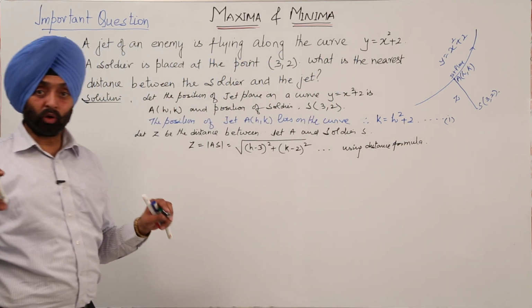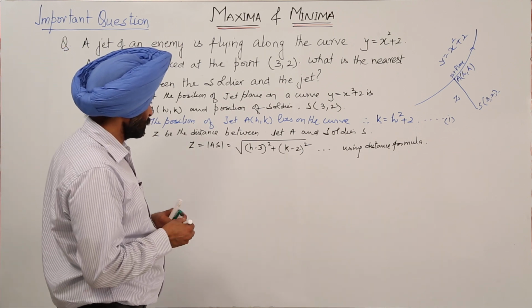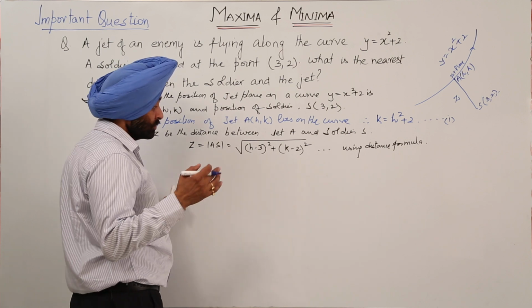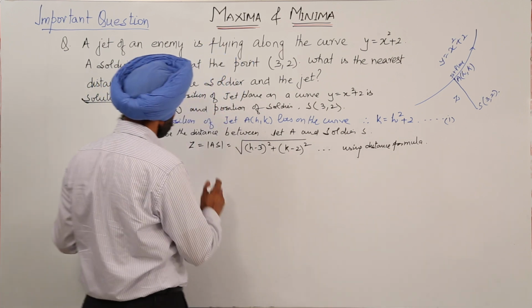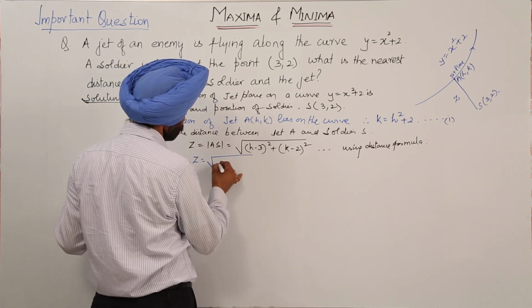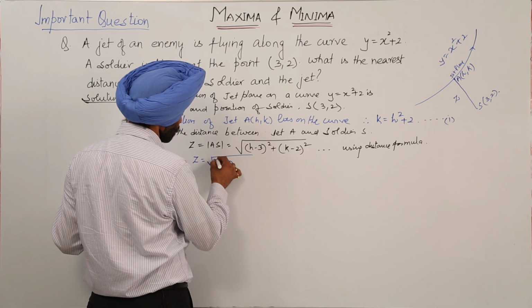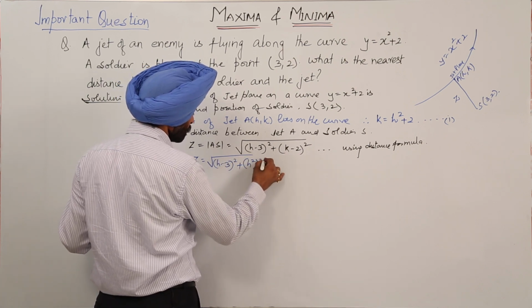Now let's play a small trick for solving this question. Let's see how I am converting two variables into one single variable. We now have z is equal to the square root of (h minus 3) whole square plus h square whole square.